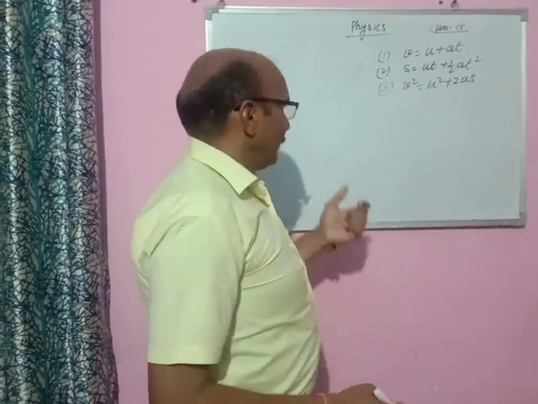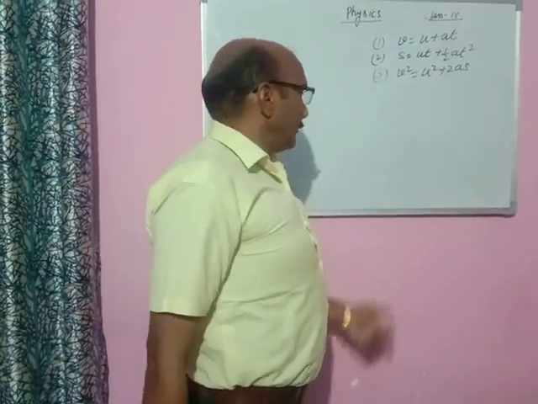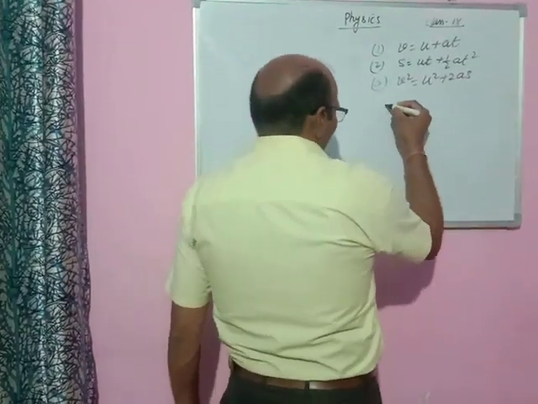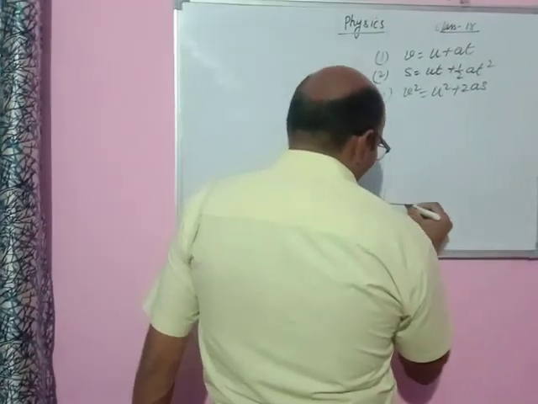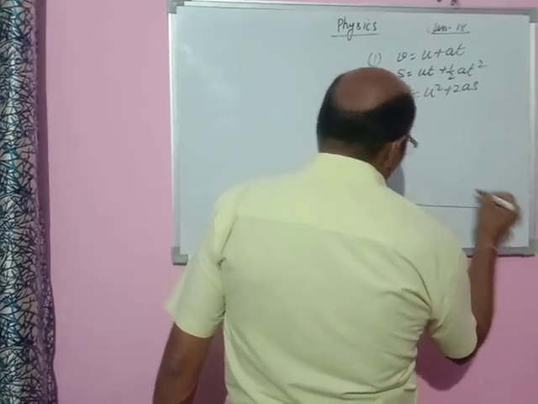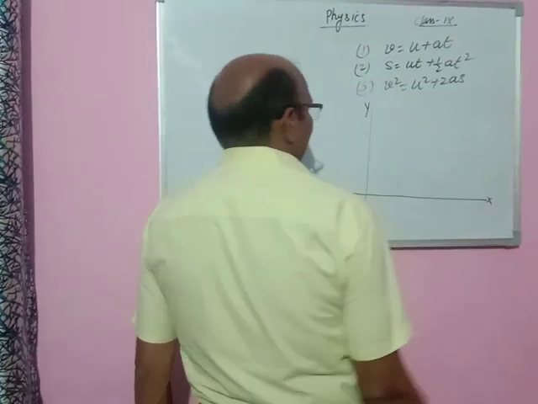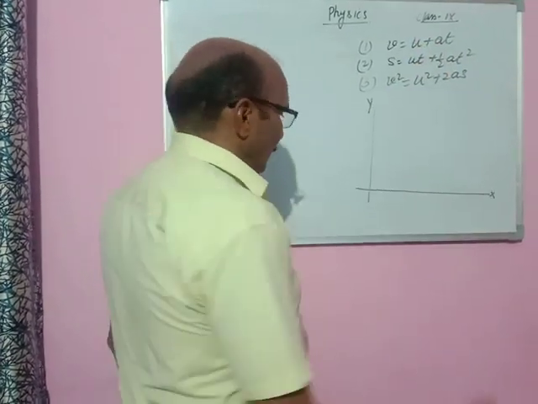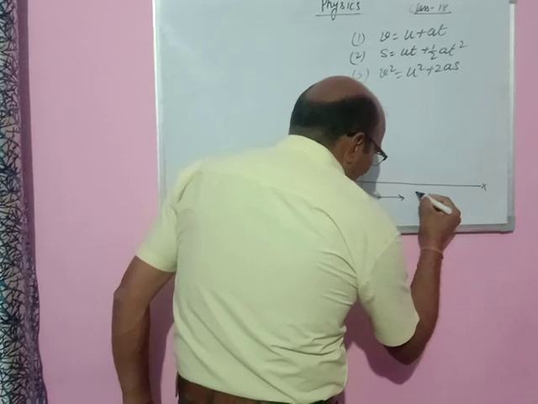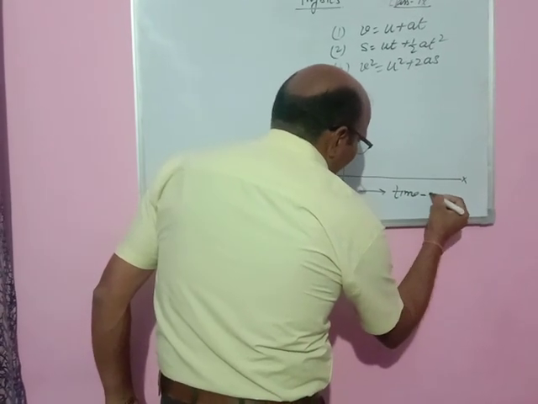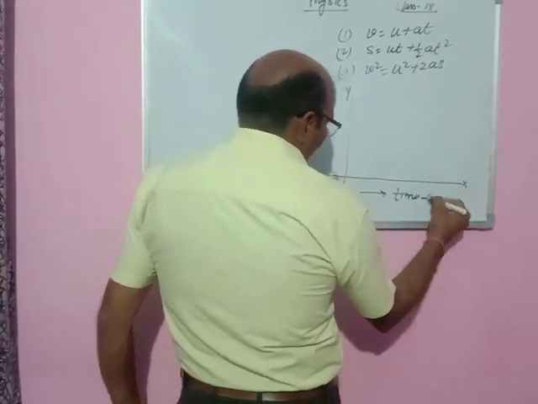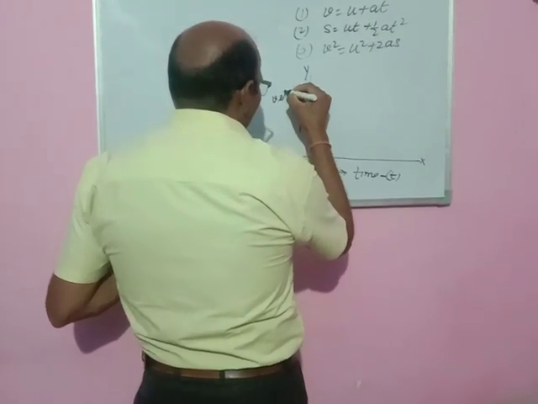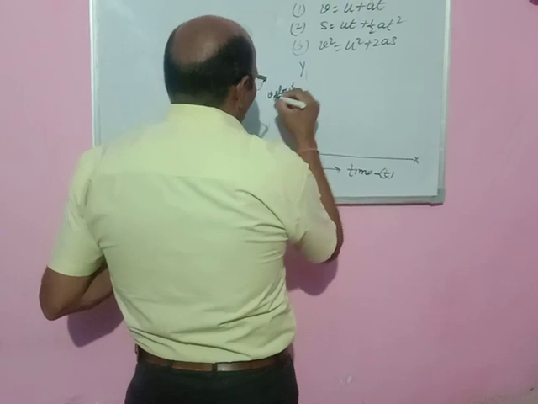Again, let's draw a graph as we derive these equations by the graphical method. Let this be the x-axis and this the y-axis. I am taking time t on the x-axis and velocity on the y-axis.